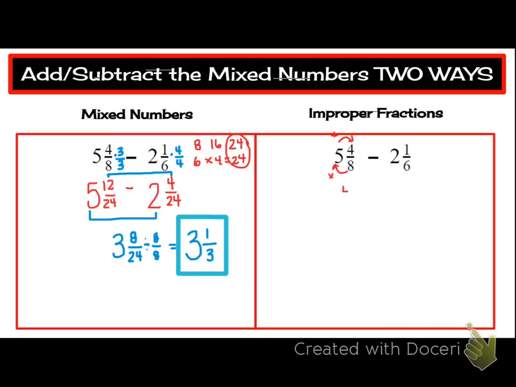So I have 44 eighths minus 6 times 2 is 12, plus 1 is 13 sixths. All right, so we have to find a common denominator for 8 and 6. I would go through the same process, but we already did it. We know that it's 24.